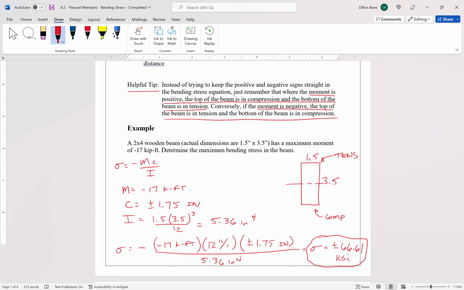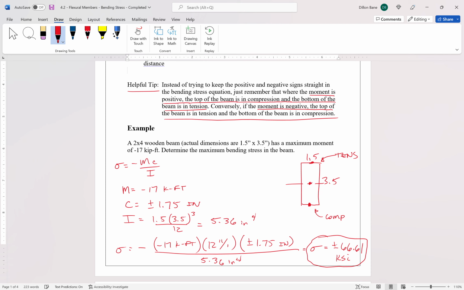Plus or minus means tension or compression. We're going to have compression on the bottom because it's negative moment, tension on the top. So right here at the bottom of the beam, we've got a 66.61 KSI compressive stress. At the top, we've got 66.61 KSI tensile stress.